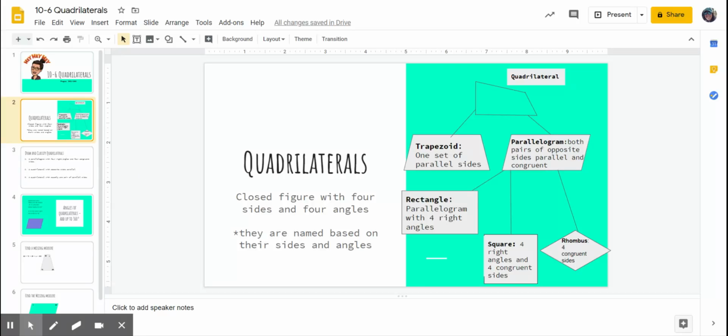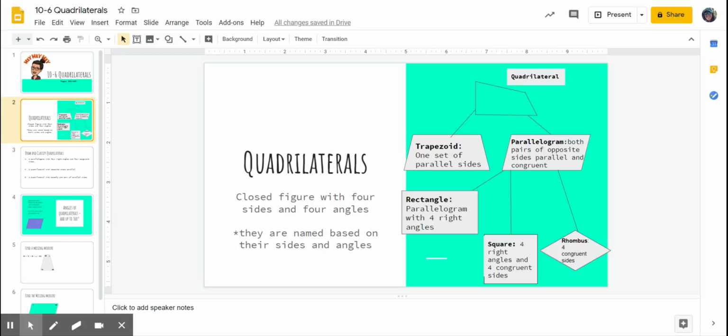Looking at that, none of these have opposite sides that are parallel. If you were to think about drawing 2 parallel side lengths, it doesn't say that all are parallel. It just says that it has opposite sides that are parallel. So the shape with opposite sides that are parallel is going to be a parallelogram.